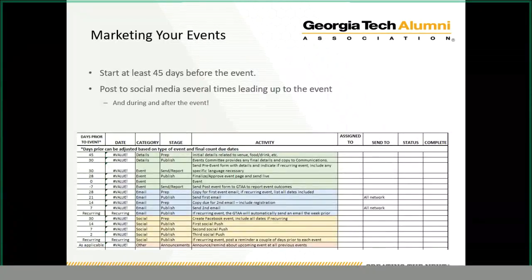So that is a really important piece to notice, that even for a simple event, we want you to be looking ahead and planning as far out as possible. That 2 weeks or 3 weeks to plan a successful event just isn't enough.